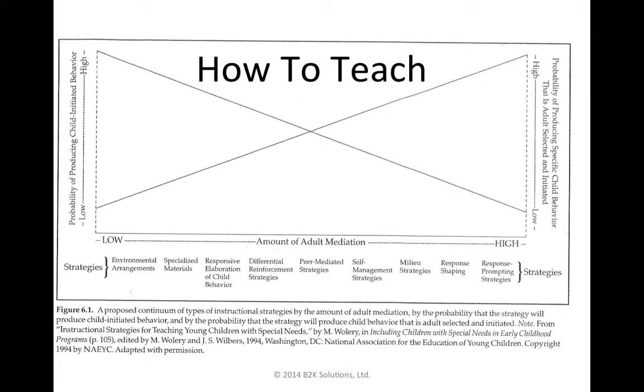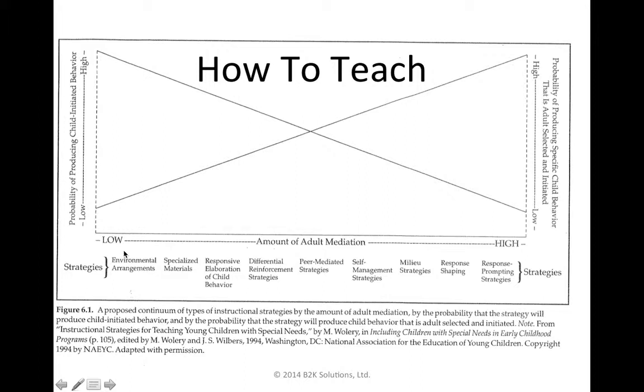Sometimes I talk about this being the amount of adult effort, but sometimes people put a lot of effort into preparing the environment, to getting the materials that we need and so forth, but that's a little bit different than what I mean in terms of amount of effort. This is how difficult is the strategy. If it's something you do automatically, accidentally, maybe incidentally, with ease, it's over here on the low.